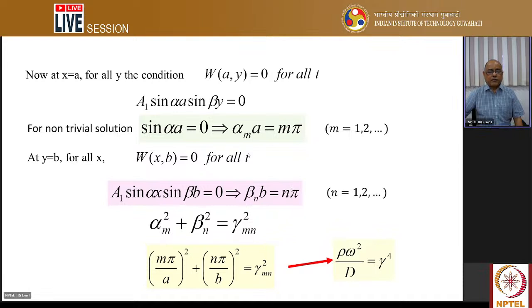So now, finding the alpha and beta, we can relate this to gamma square mn. And gamma square mn contains the natural frequency omega square. Now you can see that everything is double subscripted.